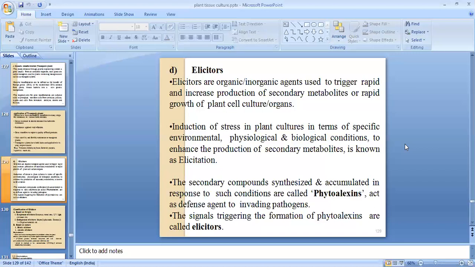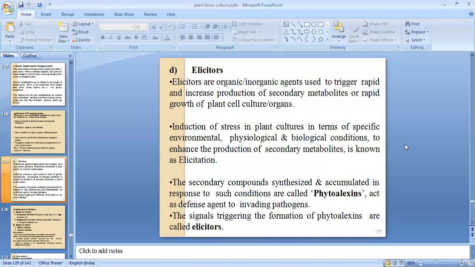Any organic or inorganic compound which is used to trigger or stimulate the production in an enormously increased way, or the increased growth of the cell in the culture, is called as your elicitor.